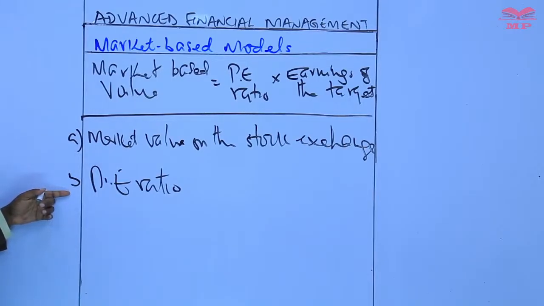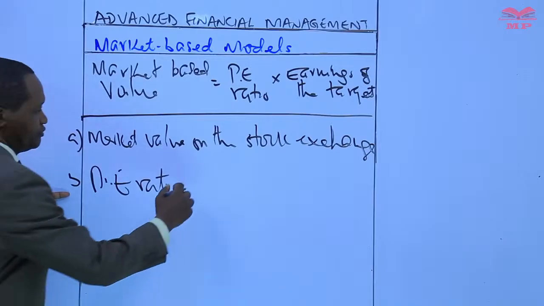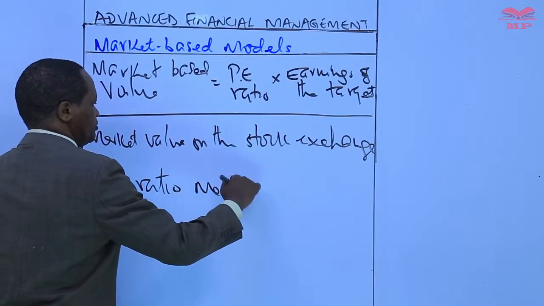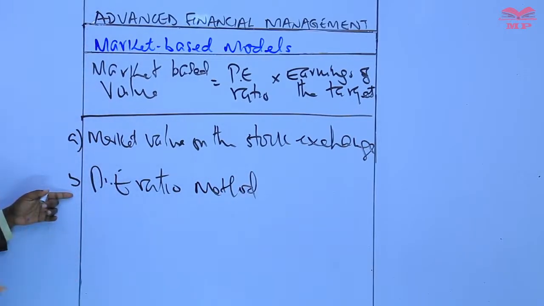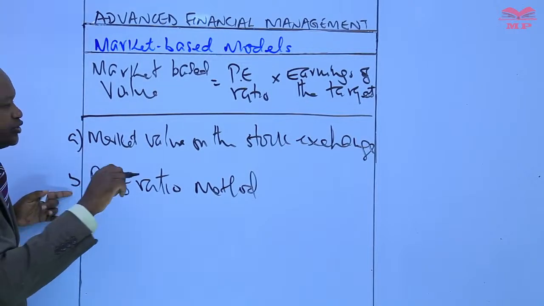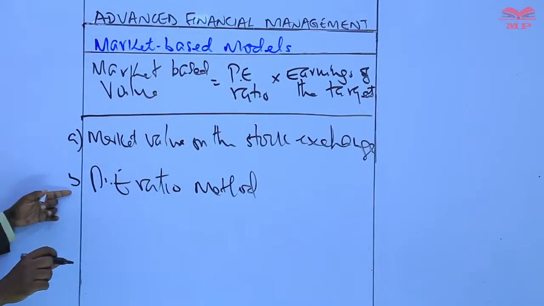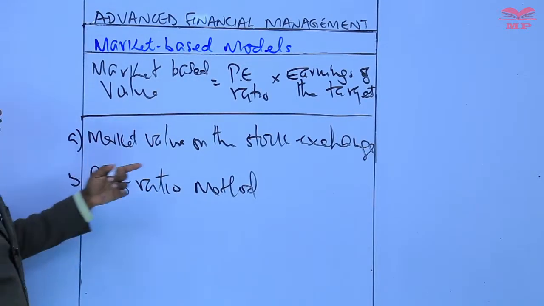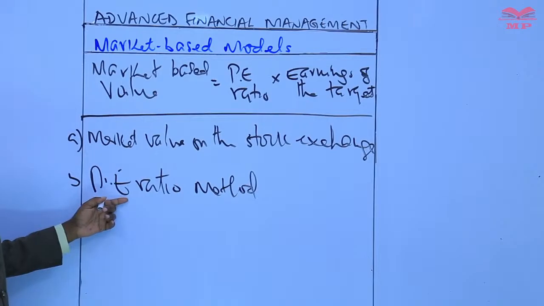The price earnings ratio method is the most common market-based method in practice, especially when valuing a company that is not quoted on the securities exchange. If a company is not quoted on the securities exchange, then we may use the PE ratio method.